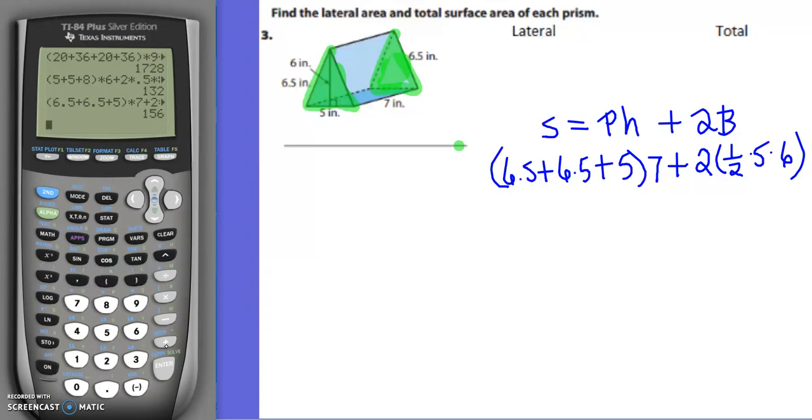We get 156. Well, that's the total surface area. So we have 156 inches squared.